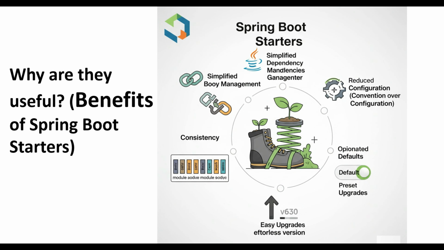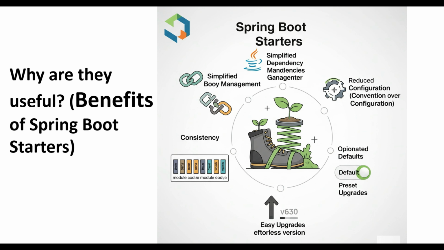Then comes increased productivity and a faster development cycle. Without manual setup and configuration, the developer can get the project up and running much faster. Rapid development is a major reason why Spring Boot has been adopted and is so popular among Java developers.